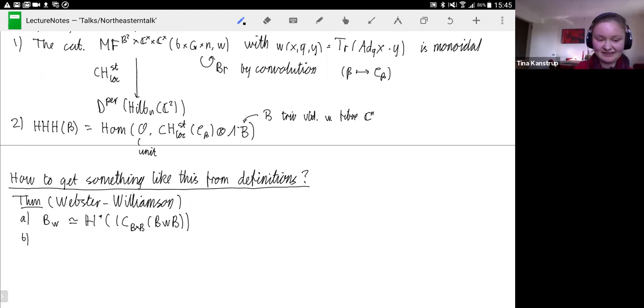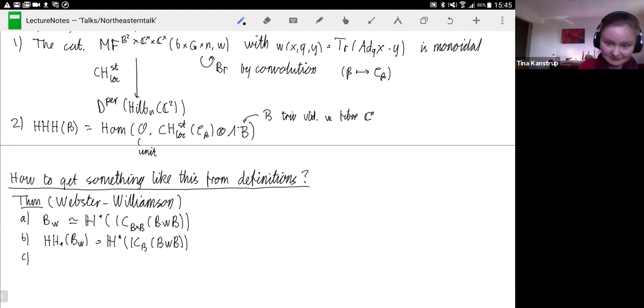So that's already nice. What is even nicer is that you can do the Hochschild homology directly this way also. So this will again be homology, but of almost the same IC sheaf.